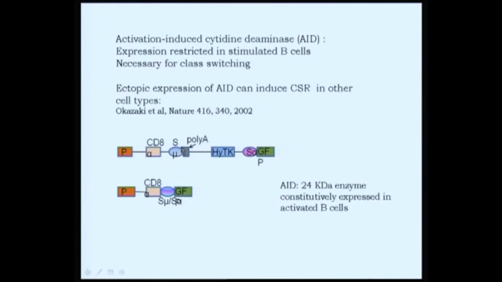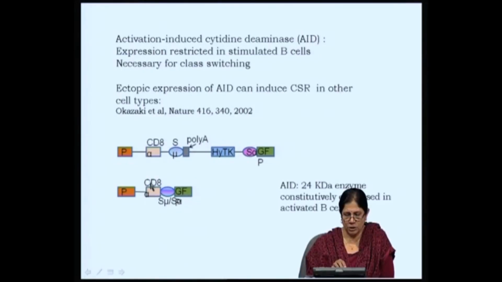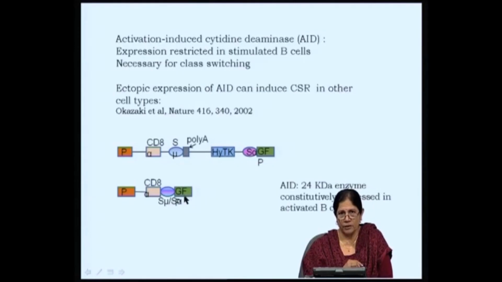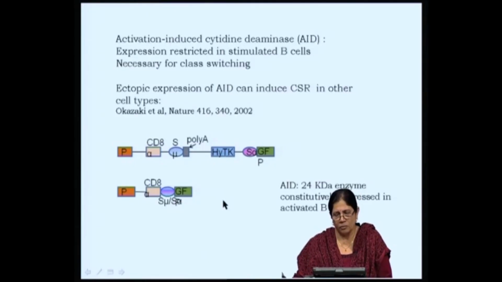The switch regions recombined because of the activation induced deaminase, and now the CD8 alpha chain fused with the GFP, and since this is a cell surface expressed protein, the cells that allowed class switching to take place also fluoresced green. This was a rather elegant experiment where AID was shown to induce class switching, in a system where it does not normally take place.